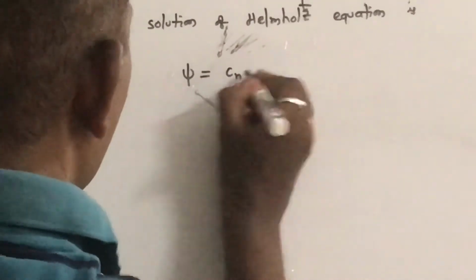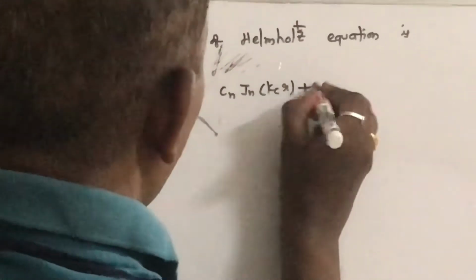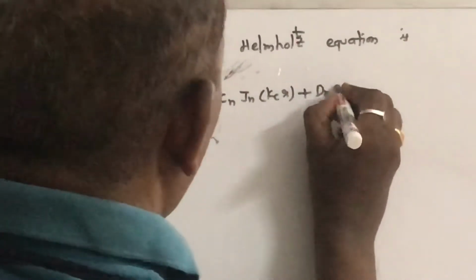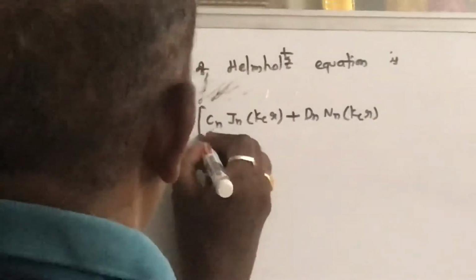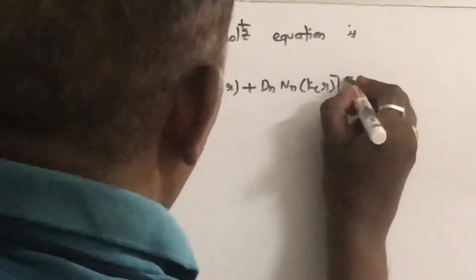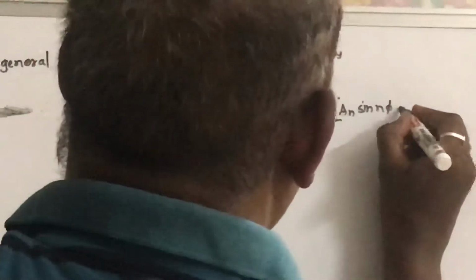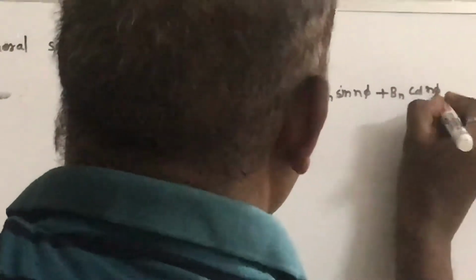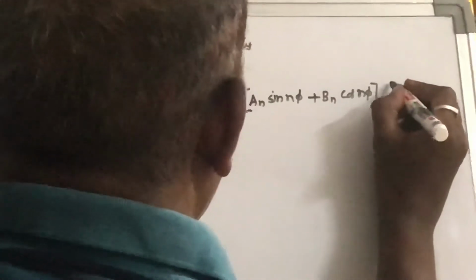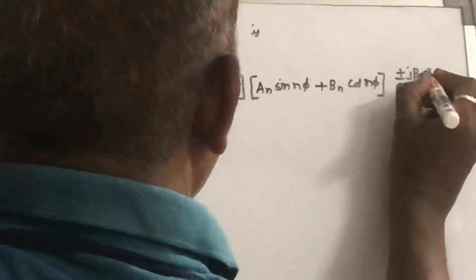Cn Jn of kc r plus Dn Nn of kc r. Now we find Phi of phi, which in the previous class we calculated as An sine of n phi plus Bn cos of n phi, into e power plus or minus j beta z into z.